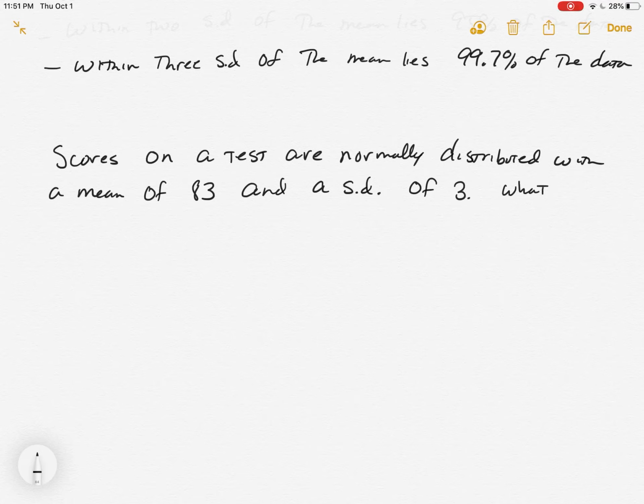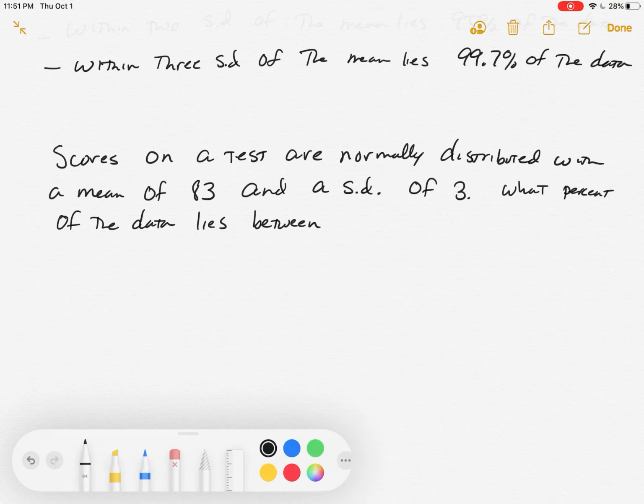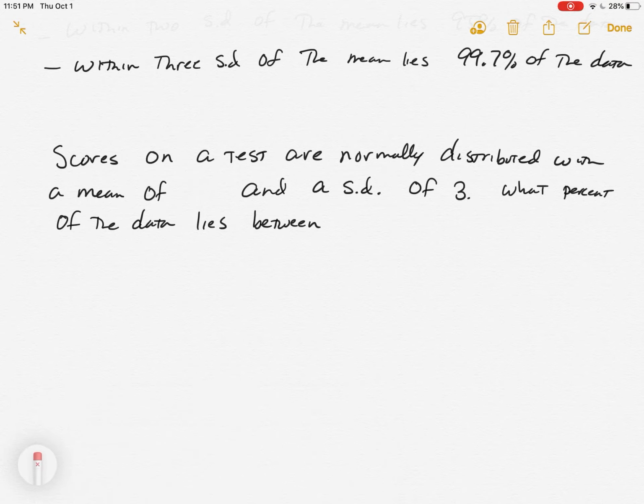What percent of the data lies between 80, I apologize, I have my numbers wrong, so let me come in here. The mean was actually 77. Lies between 83 and 89. Okay, so scores on a test are normally distributed with the mean of 77 and a standard deviation of 3. What percent of the data lies between 83 and 89?